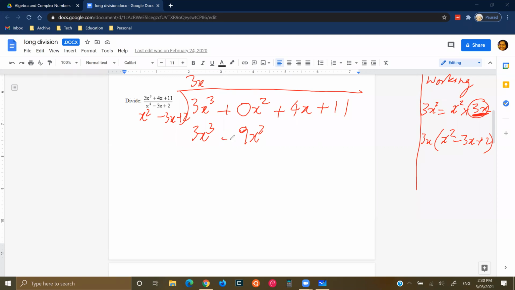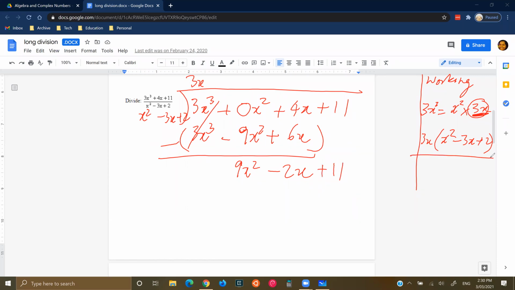Okay, and then I will get 6x. Now I'm going to subtract. 0 minus 9x squared will be negative 9x squared, and 4x take away 6x will be negative 2x, and I'm going to bring the 11 down.